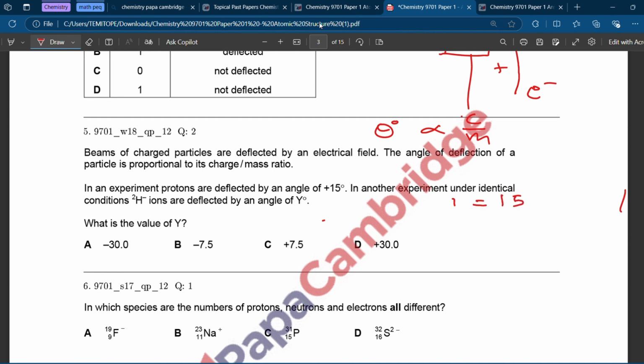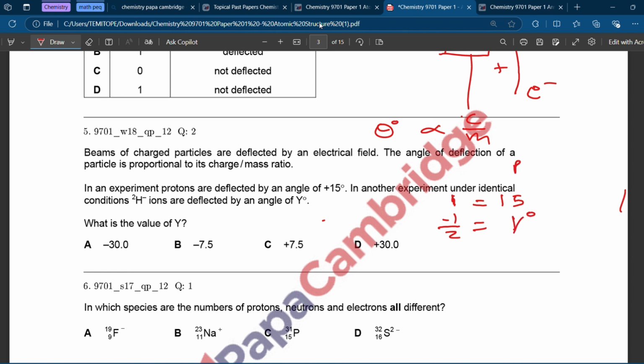So now let's work towards it. Protons have a mass of 1, and they are deflected 15 degrees. Its charge to mass ratio for a proton is 1/1, so that's why it's 1.